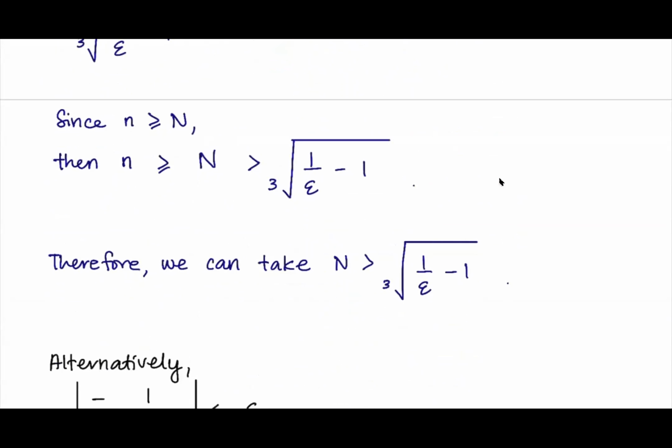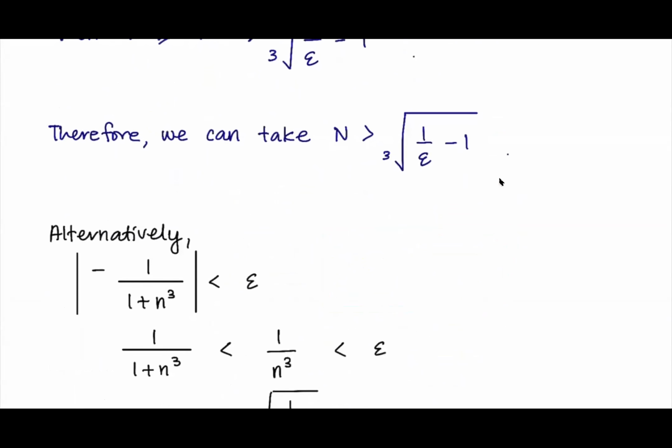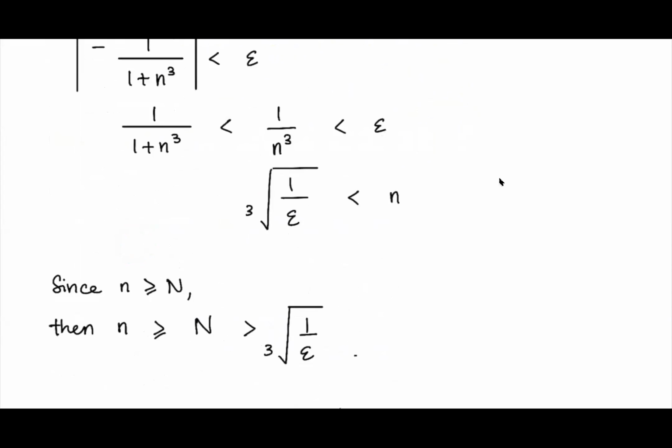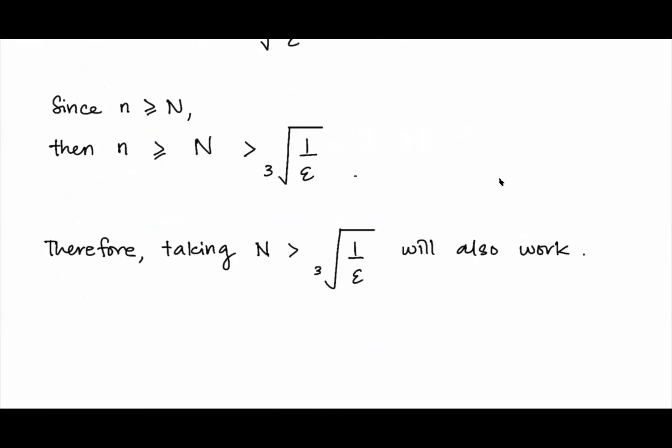Since the condition is small n more than or equal to capital N, we can take N more than the cube root of 1 over epsilon minus 1. Alternatively, I can neglect this 1 plus n to the power of 3 and just take 1 over n to the power of 3. Then by the condition small n more than or equal to capital N, we can also take N more than the cube root of 1 over epsilon only.